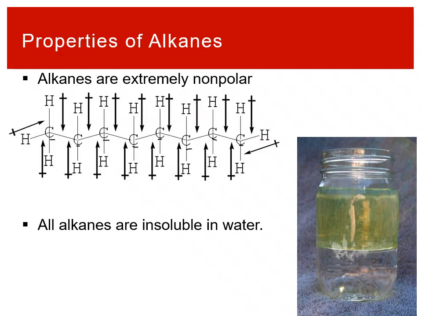This is just a diagram to get an idea, but really all of these hydrocarbon molecules are very, very non-polar. And one of the important things that comes from that is that alkanes are really insoluble in water. They really do not mix. Anytime you put alkanes and water together, you're going to get separation. They are immiscible. They do not come together at all.